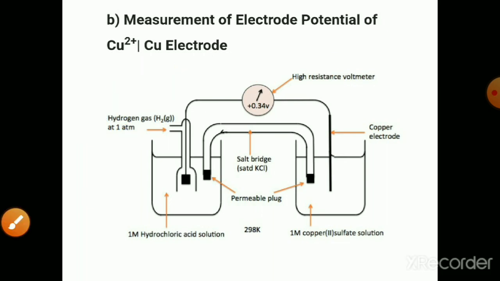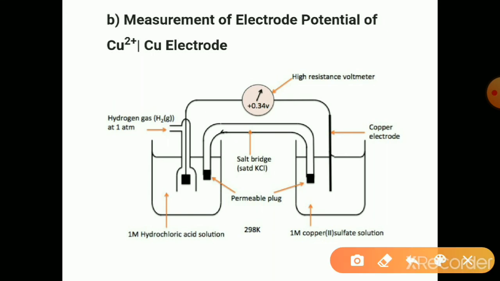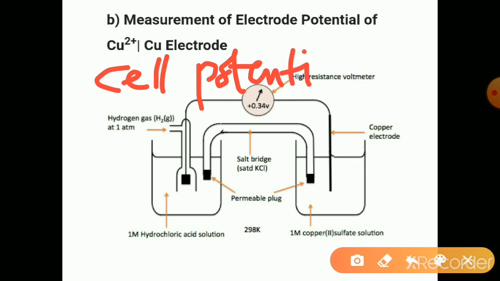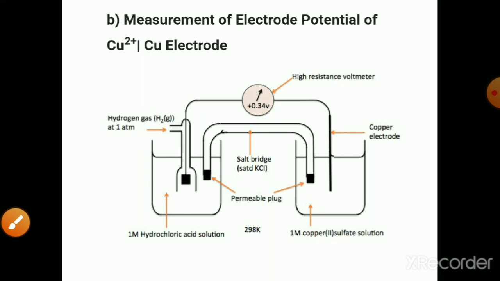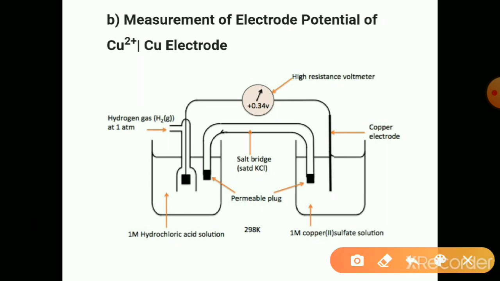Now from the potential of the zinc and from the potential of the copper, we can determine the cell potential, because we know that cell potential is the algebraic sum of oxidation potential and reduction potential. So here both the potentials we have obtained by using the reference electrode.